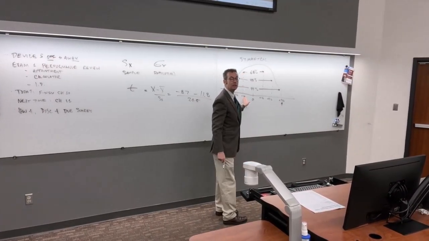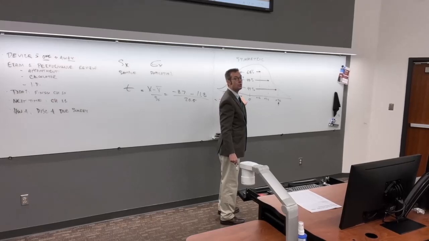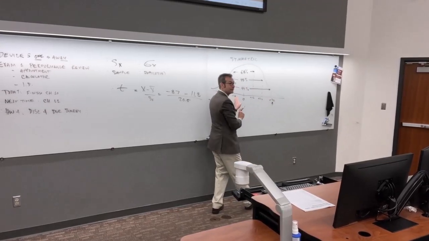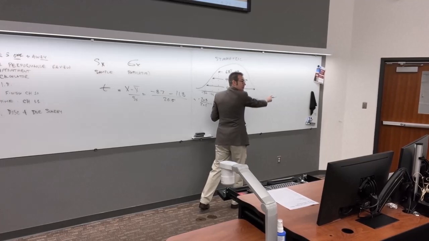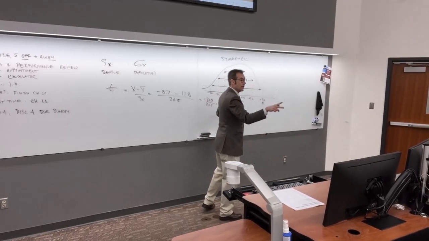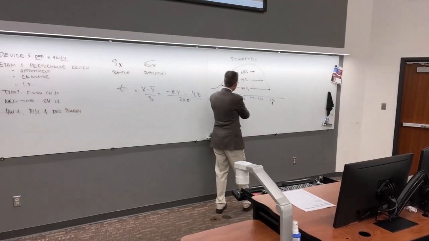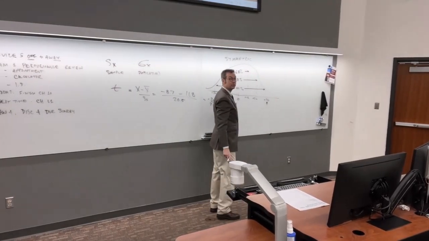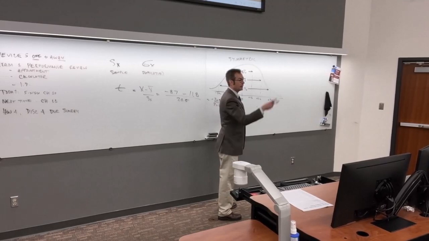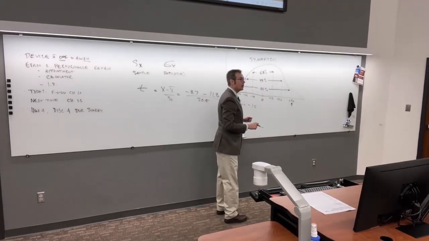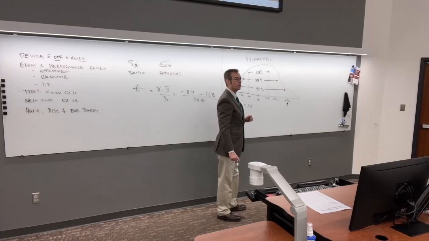What's the probability that we will not lose more than? Which part am I talking about? This part, right? This is the part we're talking about. Not lose more than. So if I'm over here, I'm not losing more than 8.7%. So where am I not going to lose more than 8.7%?